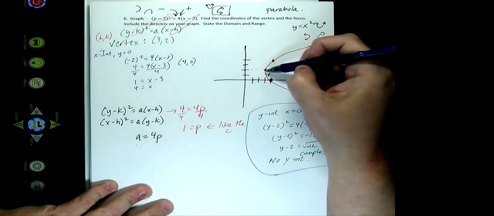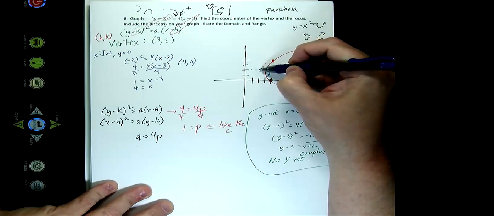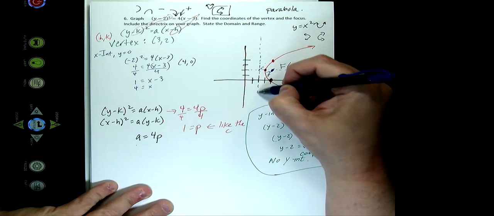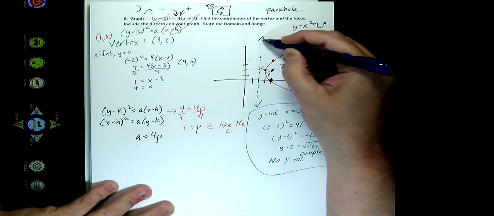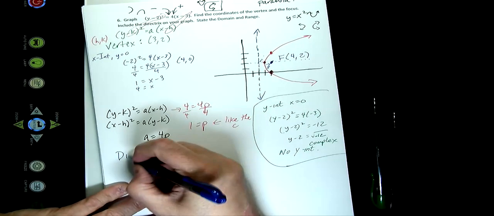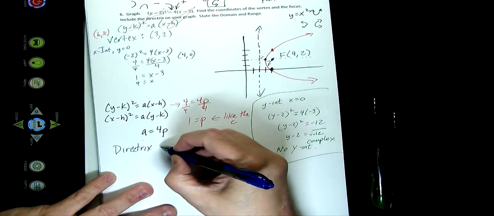The directrix is a line that is p in the other direction. That is the directrix. So the directrix here is along x equals 2.